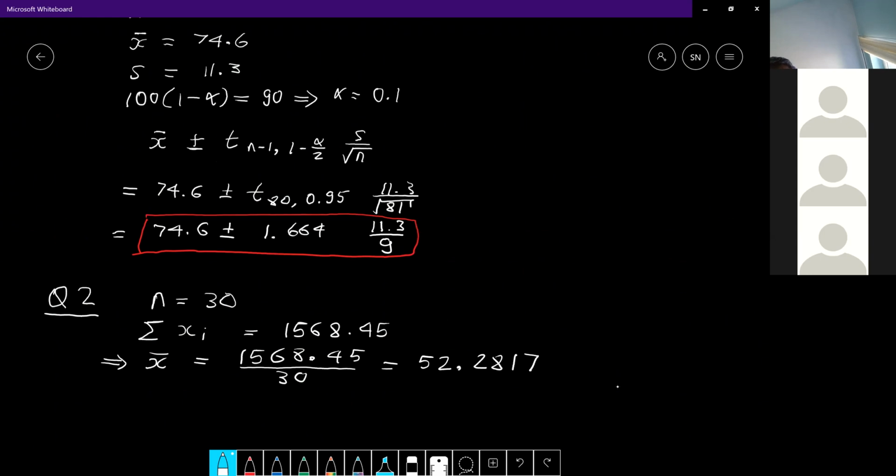All right, the next thing we need to find is the sample variance. Remember the formula for the sample variance. I'm going to use the unbiased version. The unbiased version has an n-1 in the bottom.